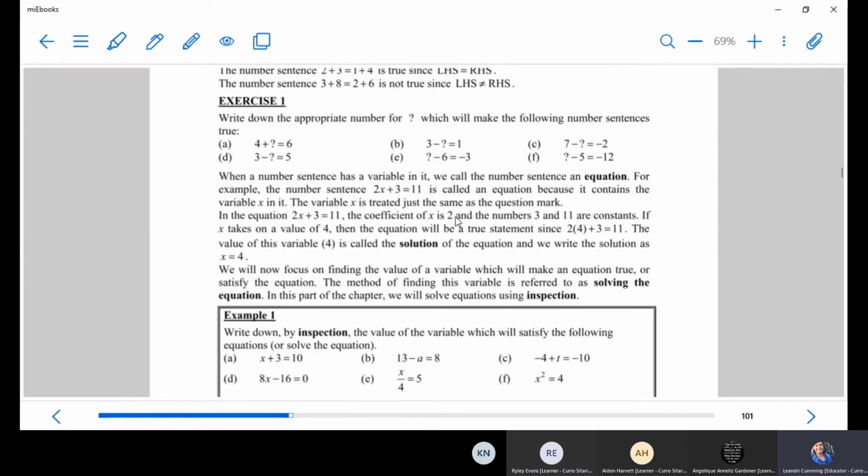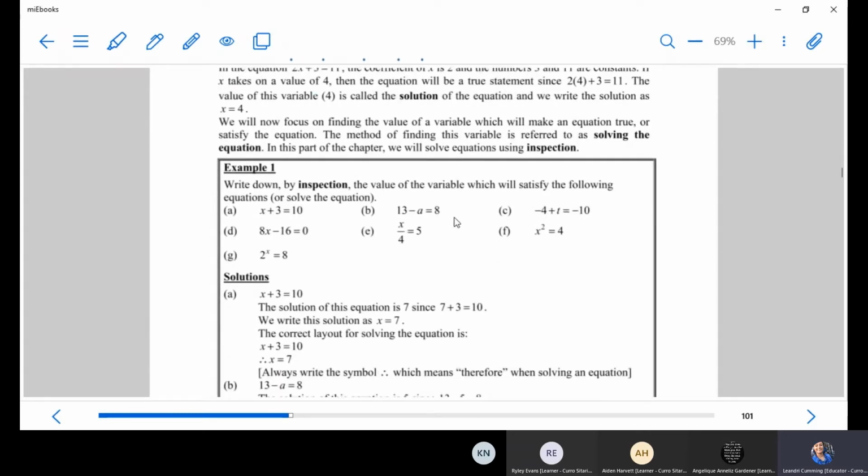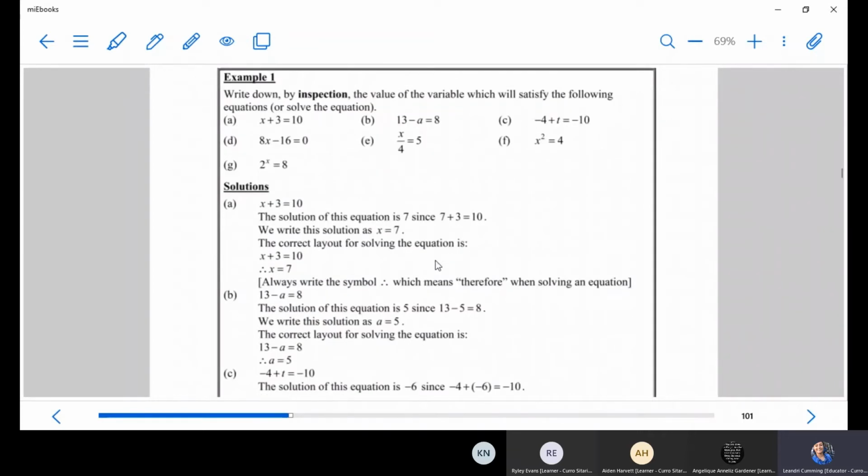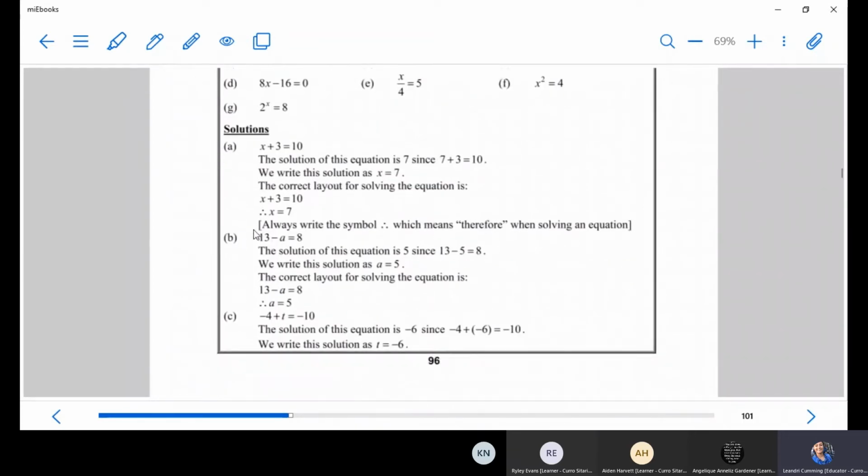So this equation is a balancing act, the whole time equilibrium has to be maintained. And we then say "by inspection" is when we just view the sum and we see what we have. And here with your solutions, we indicate that there's a very important symbol here, "therefore", three little dots, which refers to us not writing another equal sign, but only maintaining one equal sign in the middle of the equation.